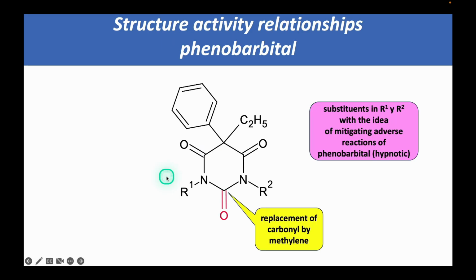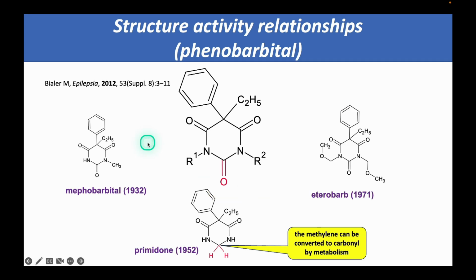In phenobarbital, the carbonyl, which is part of the urea fragment, can be replaced by a methylene, and various nitrogen substituents have been used with the idea of reducing adverse reactions, specifically of the sedative type. Here are some examples.